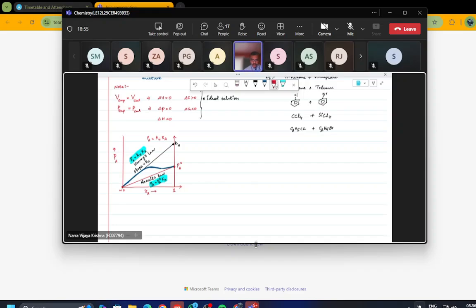I think you have already plotted this graph, right? I am writing one statement, observe carefully. Solute gas obeys Henry's law. Solvent liquid obeys Raoult's law.